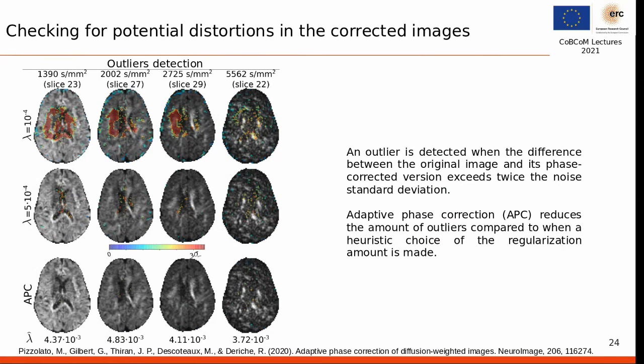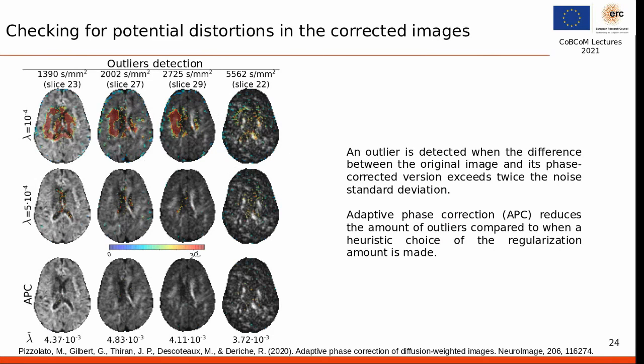So an outlier is detected when the difference between the original magnitude image and a phase corrected real version exceeds twice the noise standard deviation, that, of course, we could know thanks to the acquisition of those noise maps we have seen before.